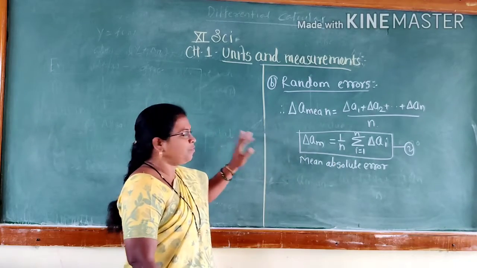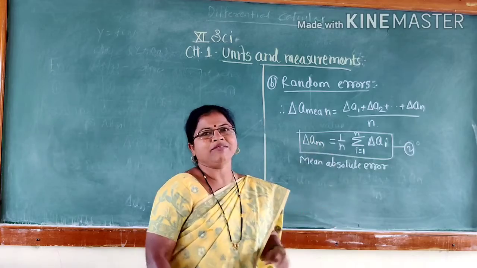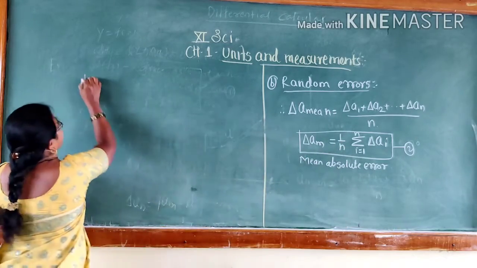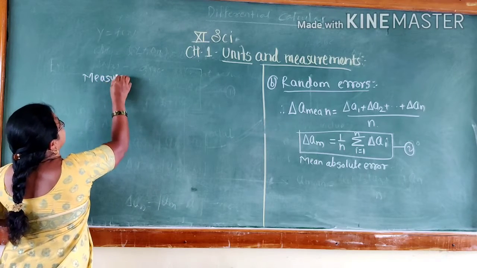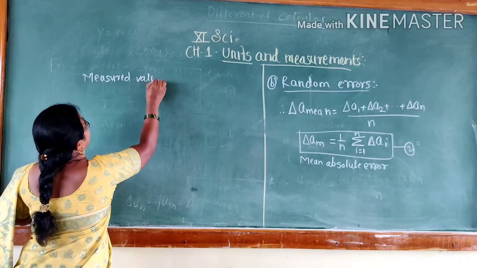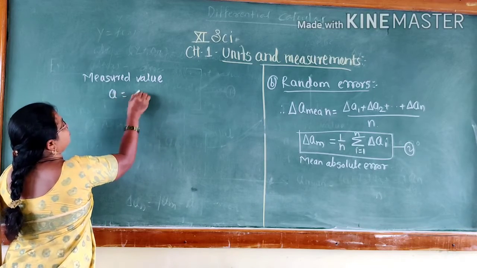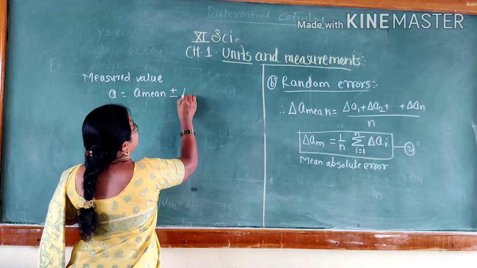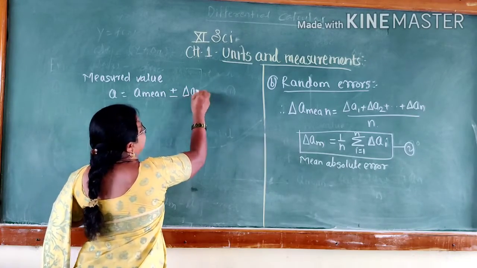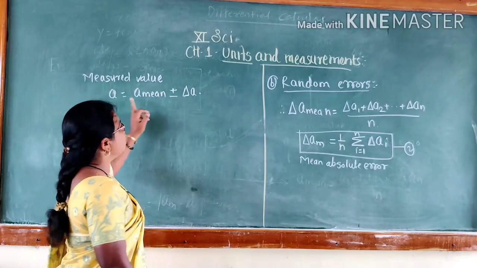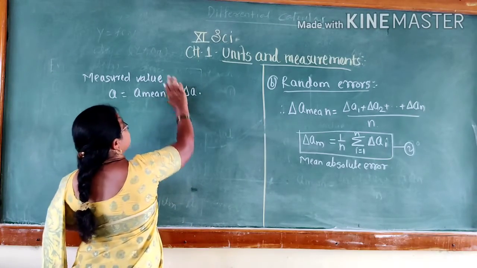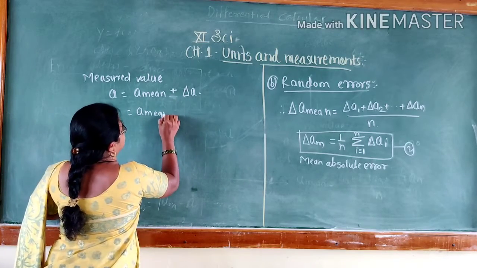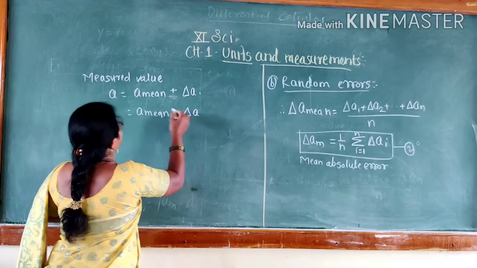Then the physical quantity, the measured value A, can be given by A mean plus or minus delta A. That means A is equal to A mean plus delta A, or A mean minus delta A, absolute value.